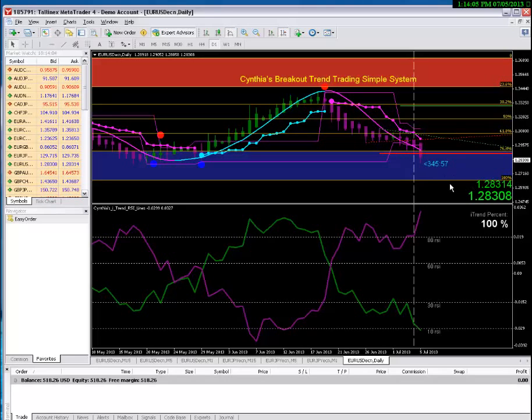Here's the 100% Fibonacci target line, and so it could go down even more. I can't tell exactly where the price is right now, but that's another 246 pips just in this blue oversold zone.